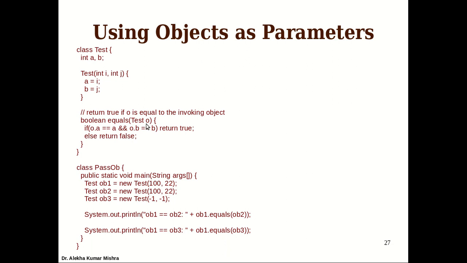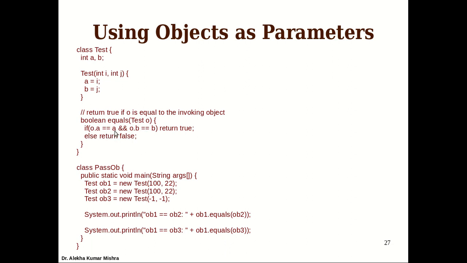Any field you want to refer to for this object O, we can access using the dot operator. Here we are comparing the values of the fields of O with the object which has invoked this equal method.